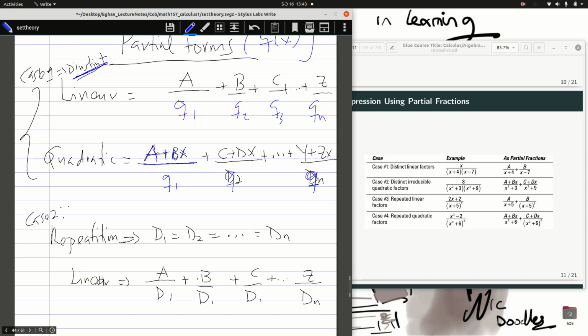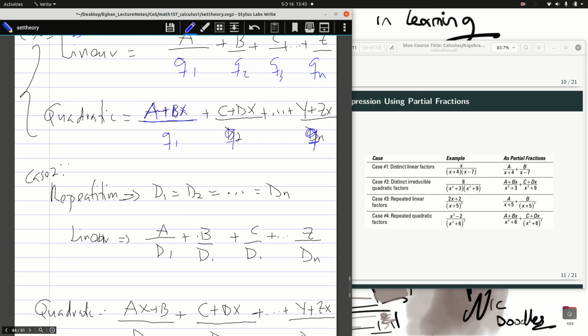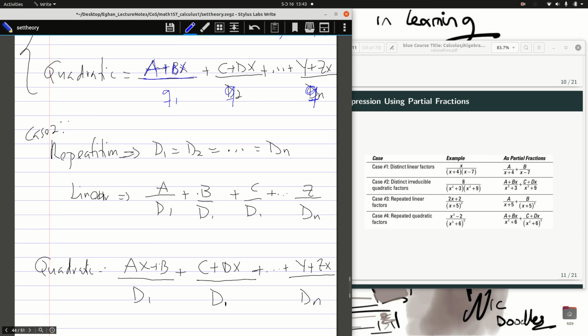Okay. In a case where they are repeated and it is linear, so I want to use the Q's. In case where they are repeated, you have your first denominator equal to the second denominator equal to the third denominator. They are the same, equal to the end. The first A takes the first denominator.